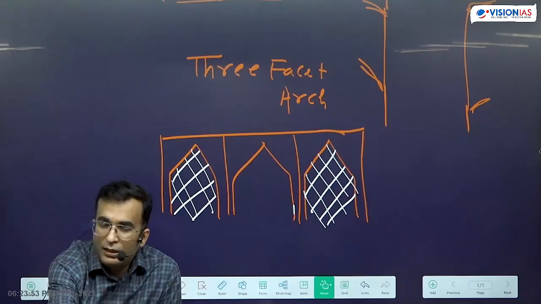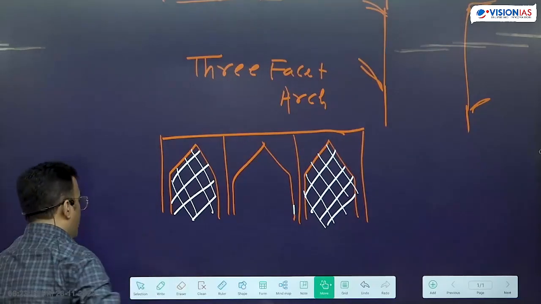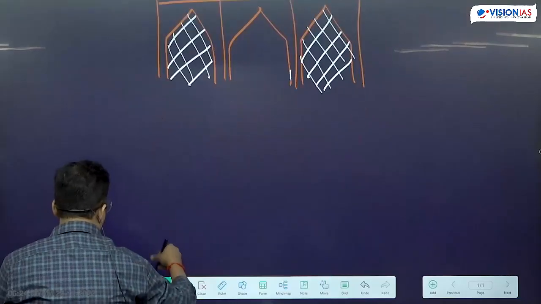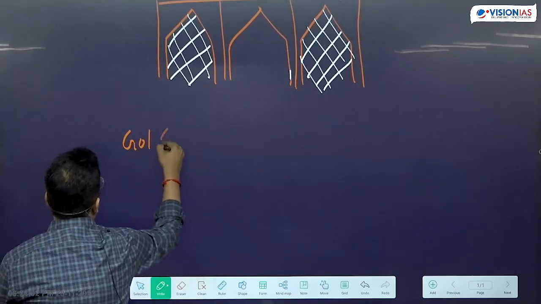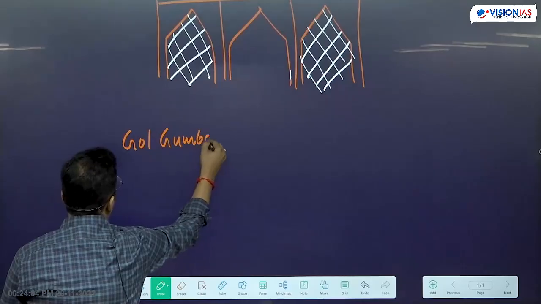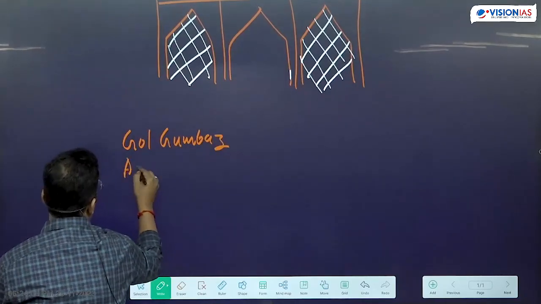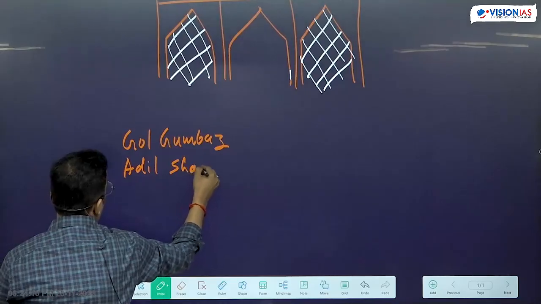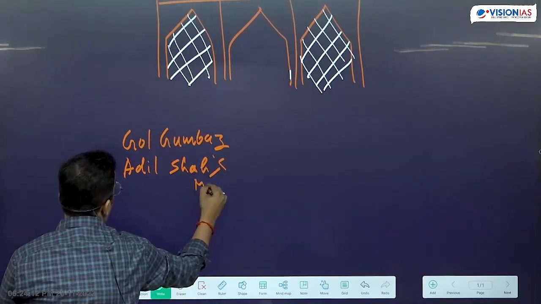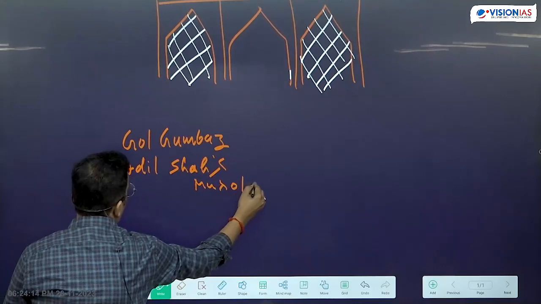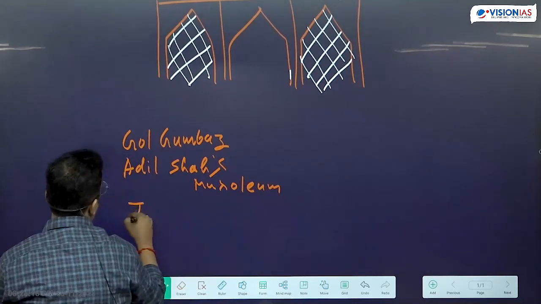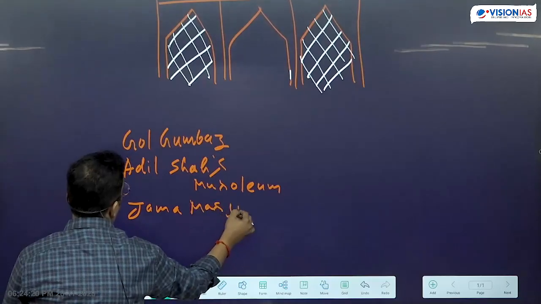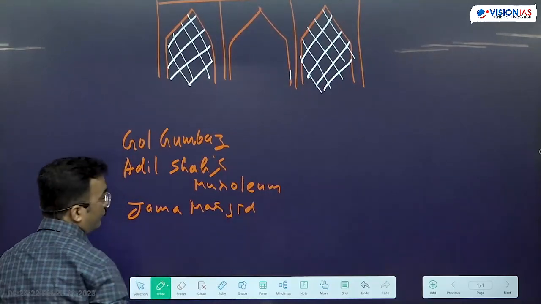Then, example you write: Gol Gumbaz, Adil Shah's mausoleum, and Jama Masjid of Bijapur.